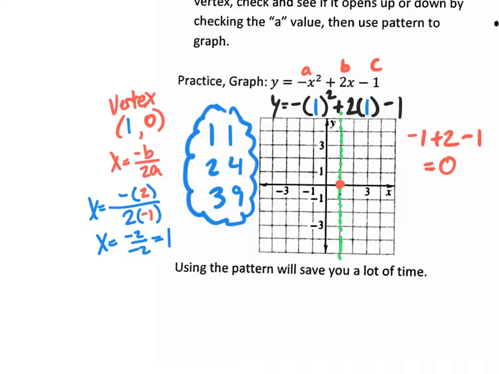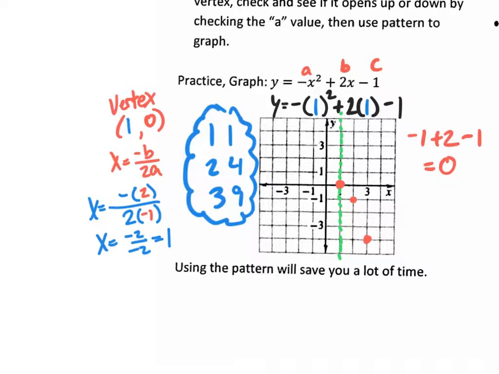Before applying that pattern, you need to know whether it's opening up or down, and you can clearly look at the a value and see that it's negative 1, which means it's opening down. So instead of going 1 over 1 up, we're going to go 1 over 1 down, and we'll put a dot right here. Then you go back to the vertex to do the next pattern, 2 over 4 down. 1, 2 over, 1, 2, 3, 4 down right there.